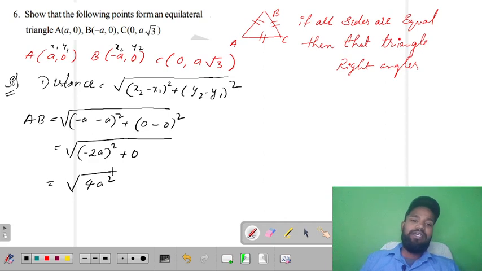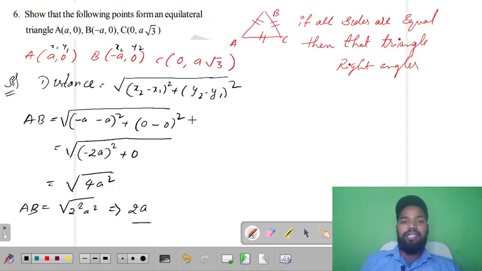We can write it as 2 square into A square, that is equal to 2A. Am I clear? AB equals 2A.